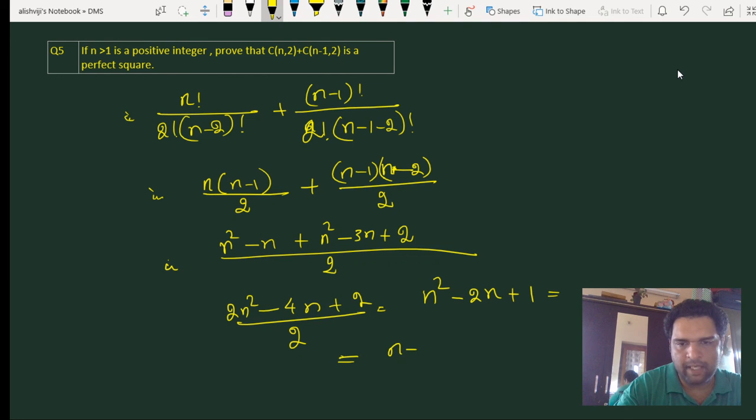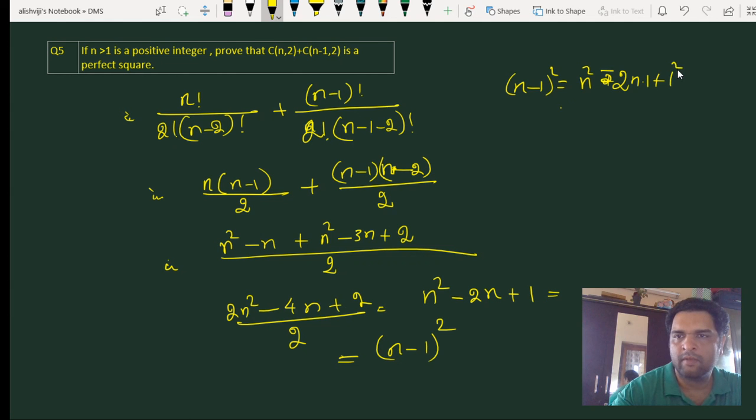And this is equal to n minus 1 the whole square. By the binomial theorem, n minus 1 the whole square is equal to n square minus 2n plus 1, with alternating positive and negative signs. So this is an application of our binomial theorem.